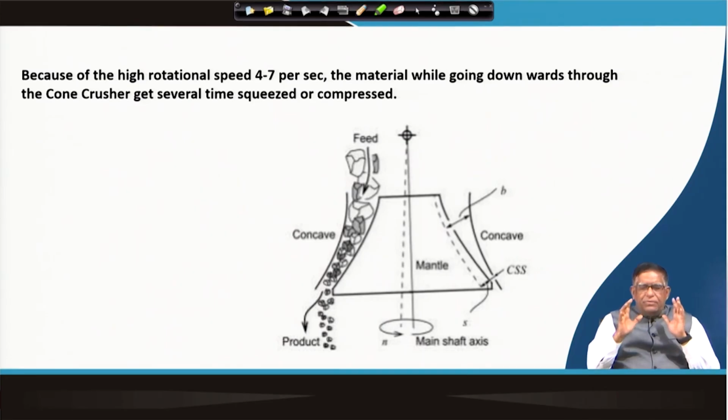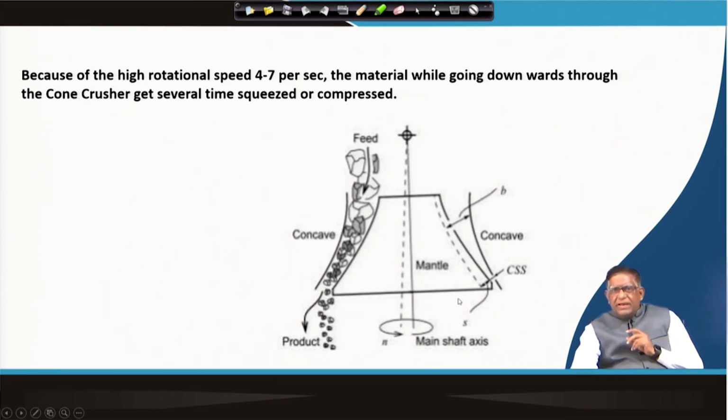So now you know that in your cone crusher, the basic thing is that the mantle is rotating over here, but the rotation is not about a center, it is eccentric. Because of this eccentric movement, whether it is the closed set or the open set, the material will be flowing like this.